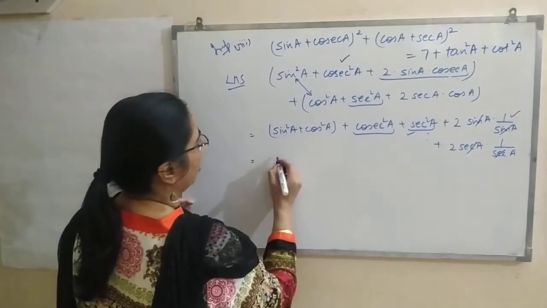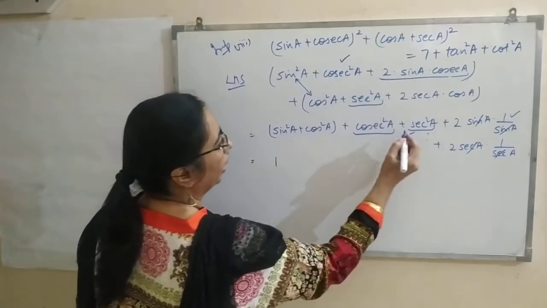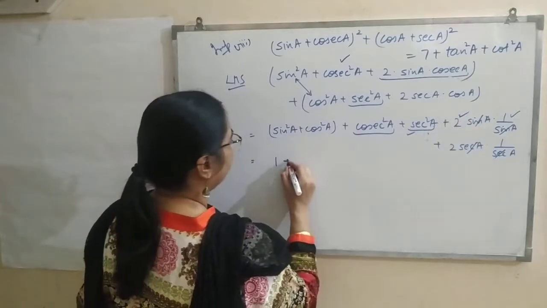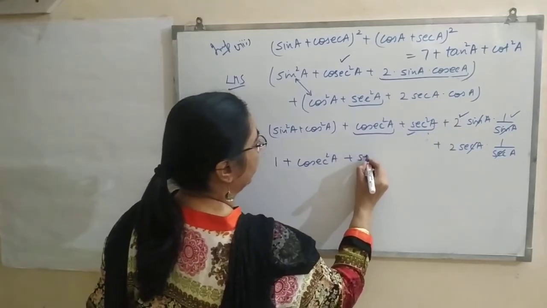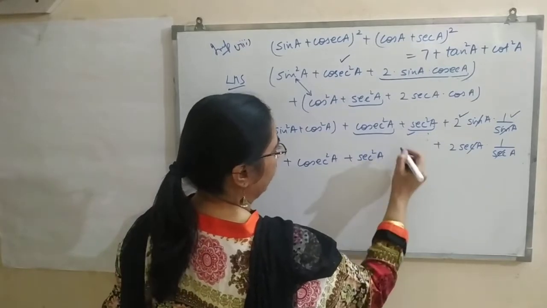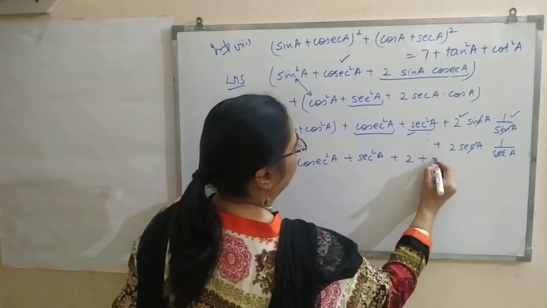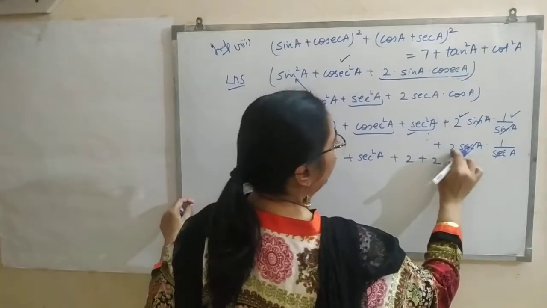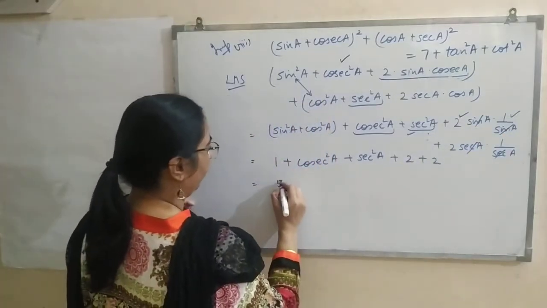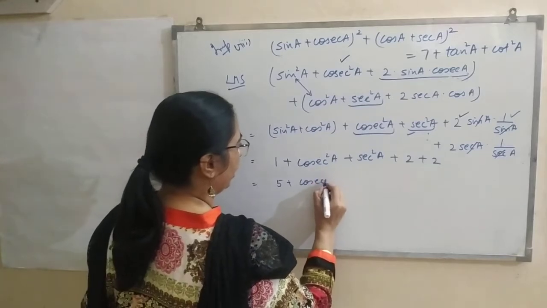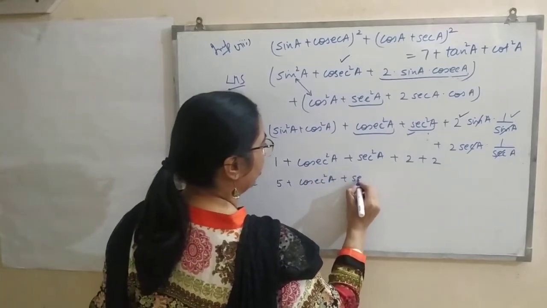Sin square a plus cos square a, the identity is applied, so it is 1, and cosecant square a plus secant square a are taken as they are, plus 2 and plus 2. This 2 is from here and this 2 is from here. So 2 plus 2 plus 1 is 5, plus cosecant square a plus secant square a.